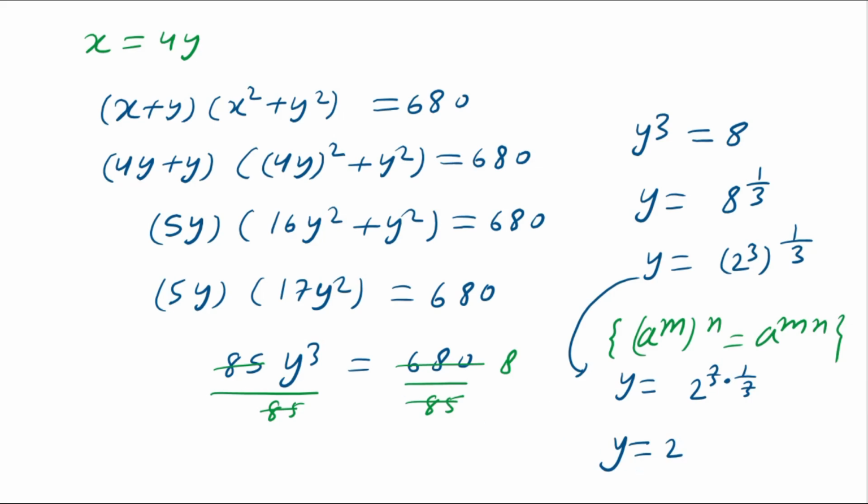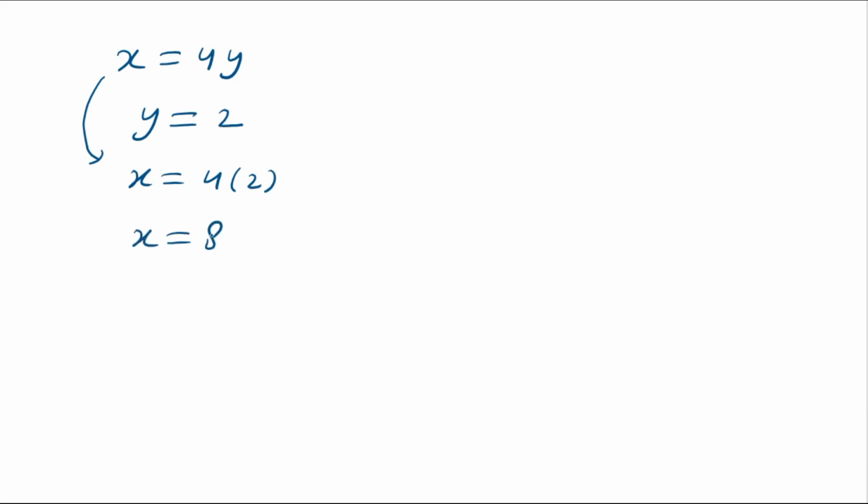Here y is equal to 2 and the condition is x is equal to 4y. x is equal to 4y and the value of y is equal to 2. Then the value of x is equal to 4, and y is replaced by 2. Then x is equal to 8. So our first solution x comma y, the value of x is 8, and the value of y is 2.